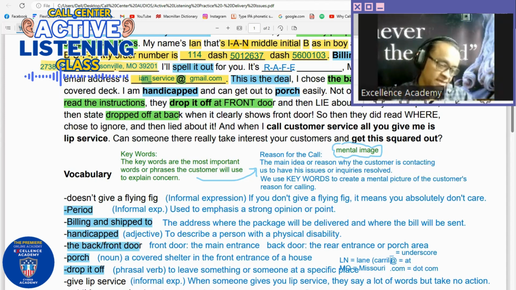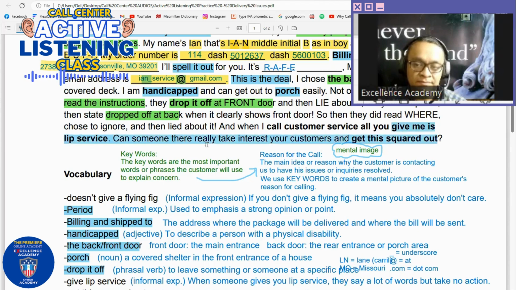They ignore it because they don't have a lot of time, maybe. I don't know. And then they lie because they take a picture and say it's in the back when it's in the front. And when I call customer service, that means he calls us, right? The assistants. All you give me is lip service.